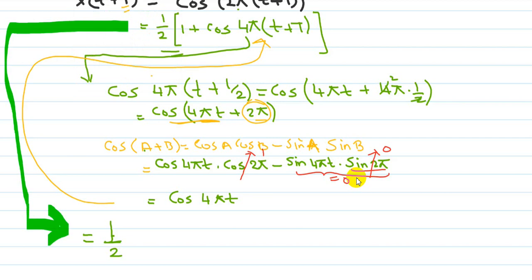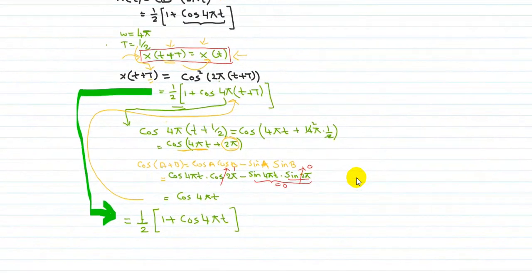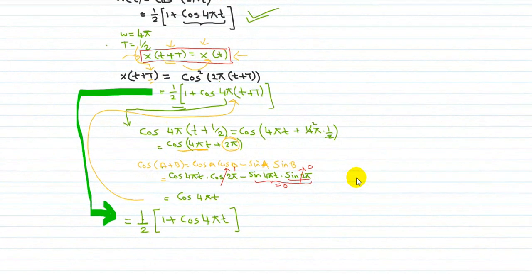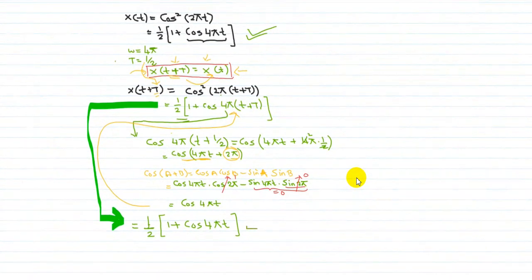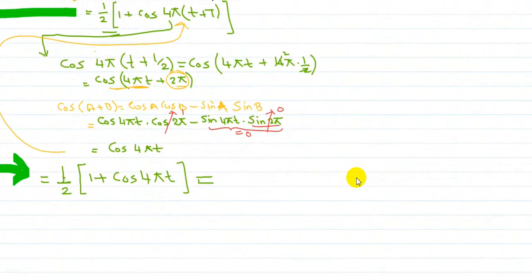So this is equal to half of 1 plus cosine 4 pi t here. Now 1 plus cosine 4 pi t, if you remember from here, was the same as what my x of t is, so I can say that this is equal to cosine square 2 pi t here.